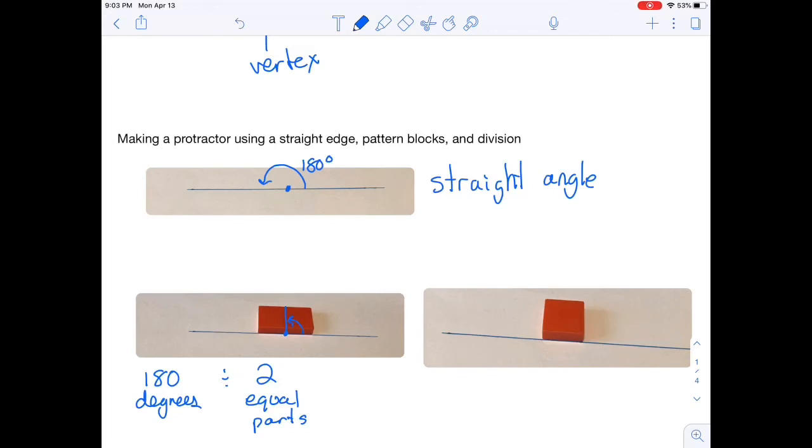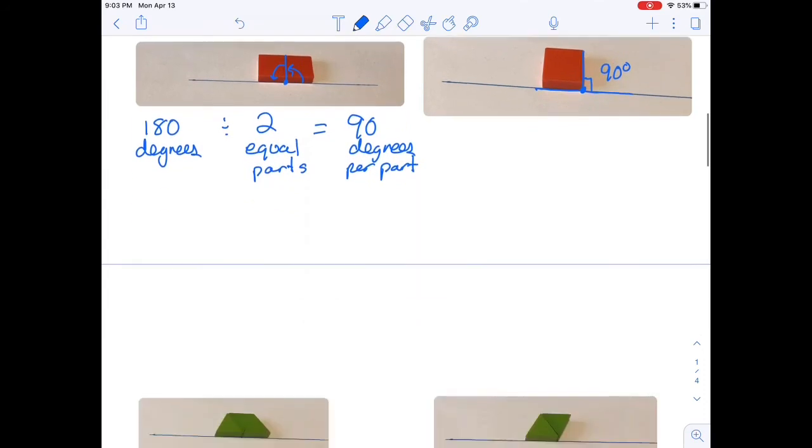Here I'm talking about from our initial side, there's one part, there's the second part. This is our rotation that we're measuring here. And we end up with 90 degrees per part. So if I remove one of those square pattern blocks, this angle right here is a 90-degree angle, and I've made a protractor that measures 90 degrees.